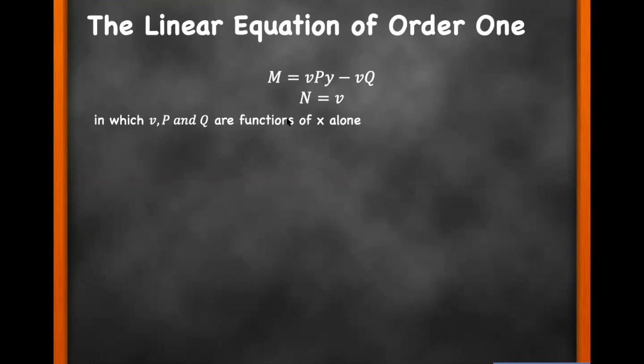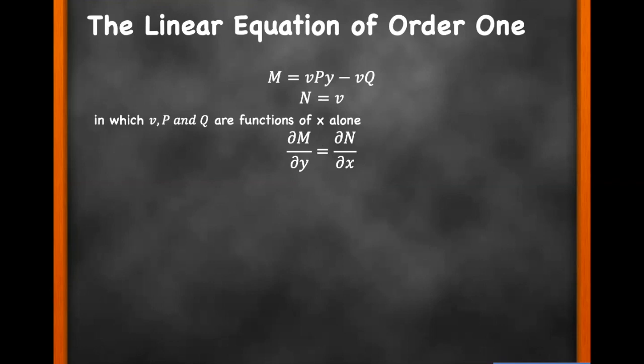Now, to verify that an equation is exact, we have the test for exactness: the partial derivative of m with respect to y equal to the partial derivative of n with respect to x. If we can satisfy this condition, then that equation is exact.